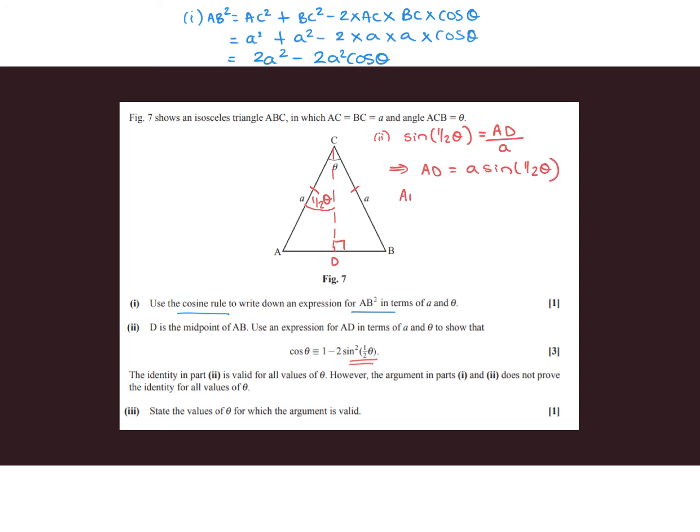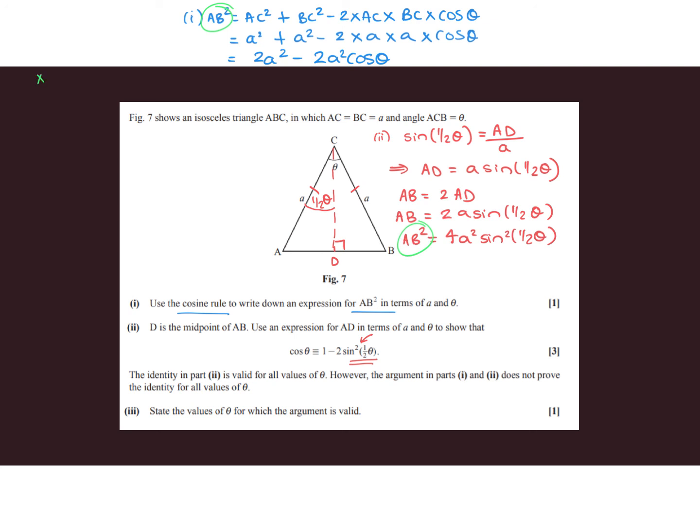Now, AB is equal to 2 lots of AD, so AB is equal to 2A sine a half theta, and AB squared would equal 4A squared sine squared a half theta. I'm squaring and there's a square here. Now we have two separate results for AB squared, which we can equate to each other.